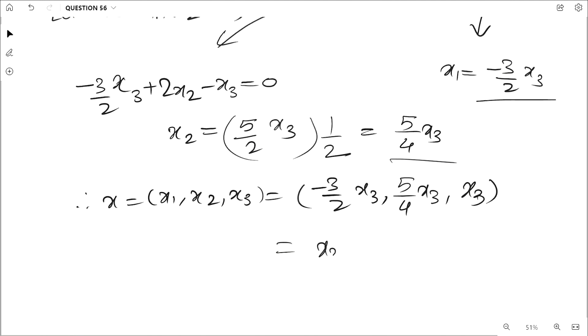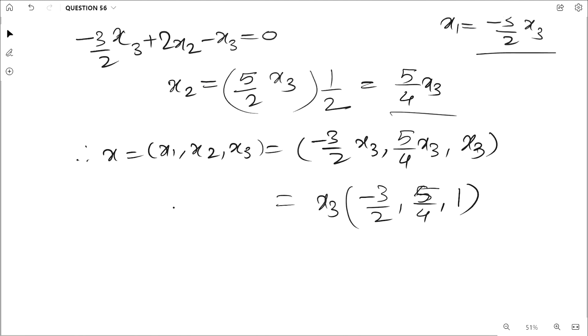If we take x3 common, we are left with (minus 3 by 2, 5 by 4, 1). Thus any vector in W1 intersection W2 can be written as this. So W1 intersection W2 is the span of this vector, which means its dimension is 1, because it is spanned by one non-zero vector. Therefore the dimension of W1 intersection W2 is equal to 1.